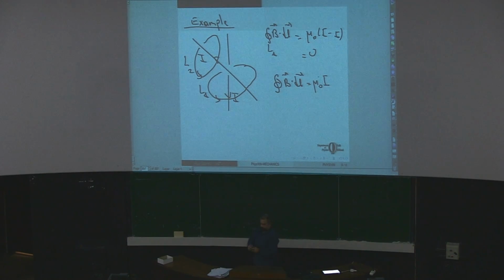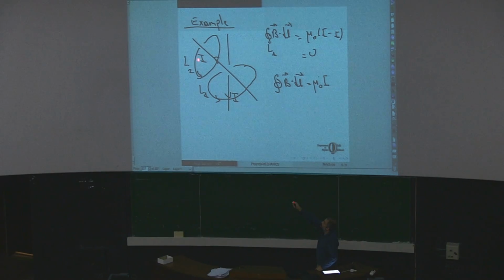Now, let's again construct our loop. These are our wires. They are creating a magnetic field. Now my loop is just going around only one of them. So this is the positive direction of the current, and the current is running in the positive direction. Now this doesn't mean that the magnetic field around this loop is created only by this current.